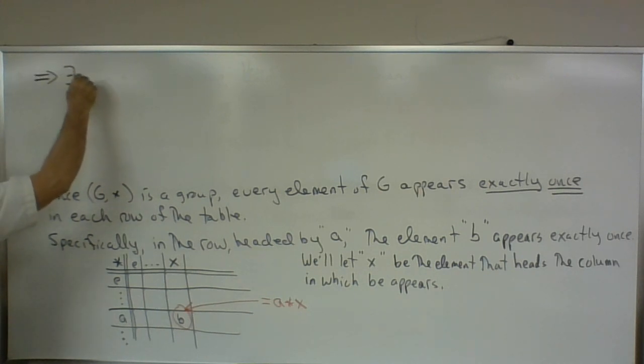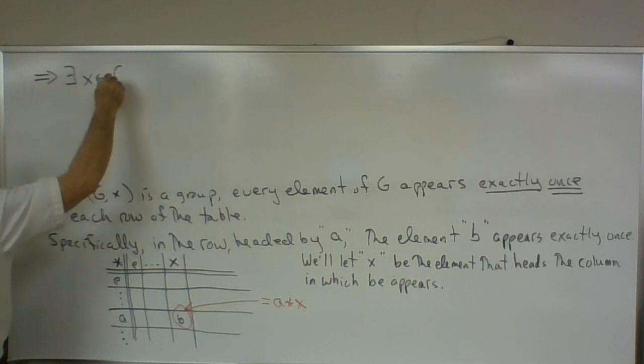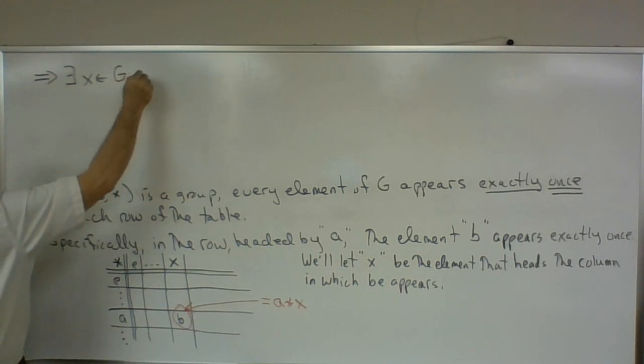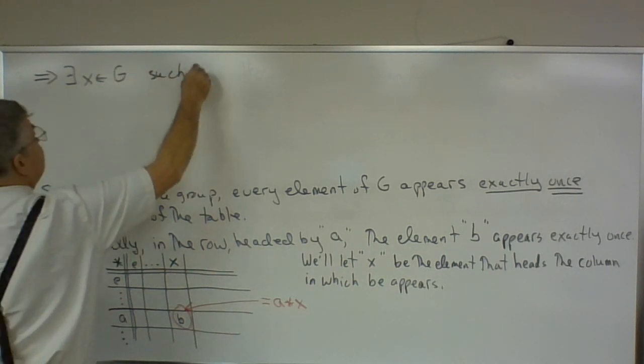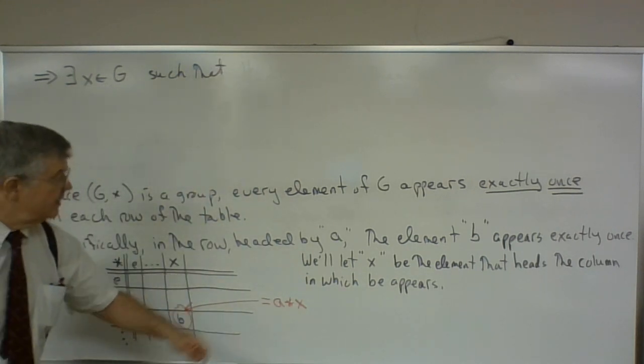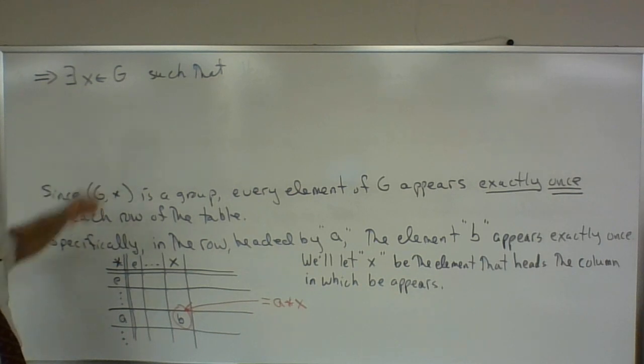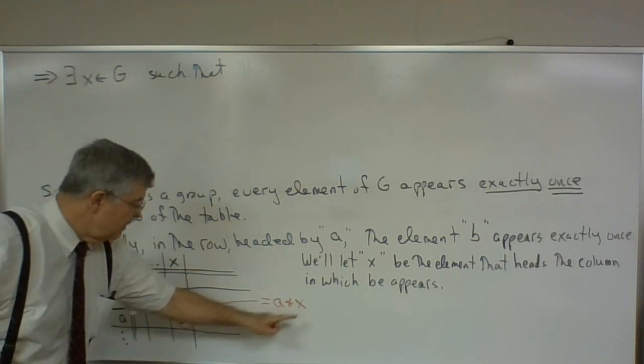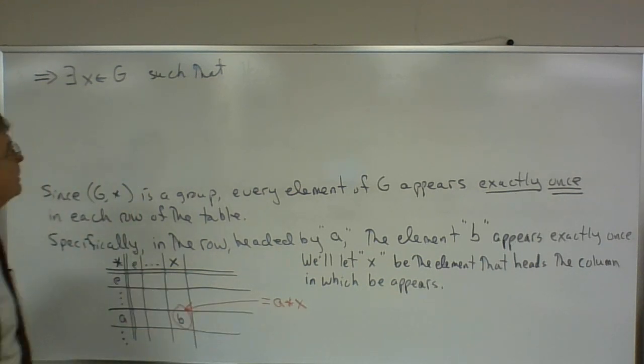This implies that there exists an element X in G such that A star X equals B.